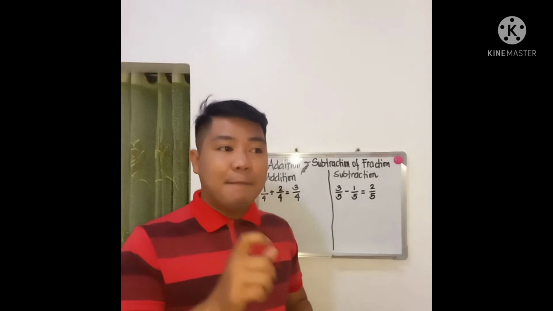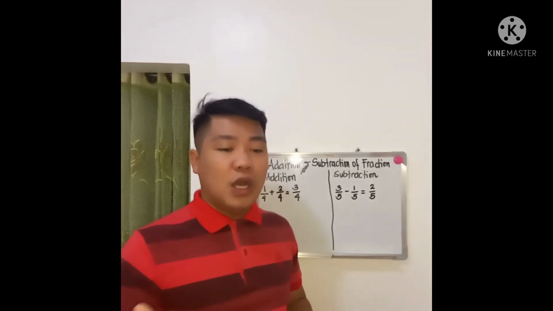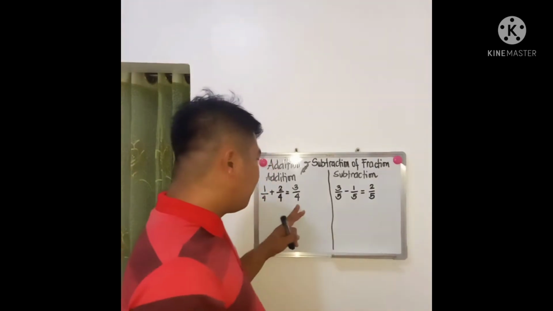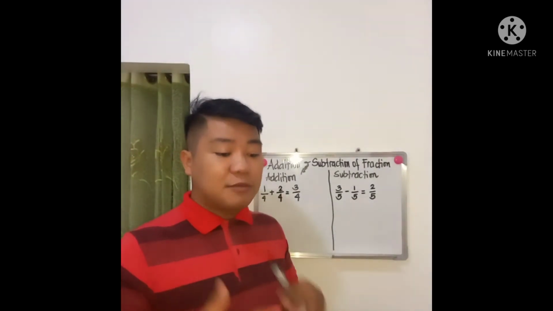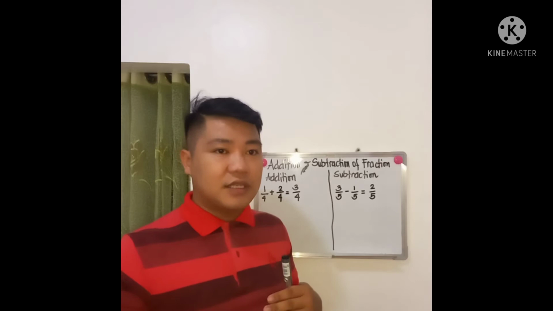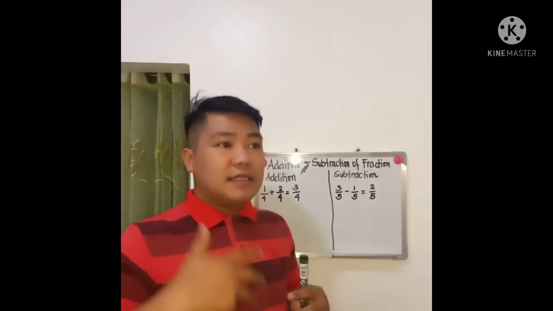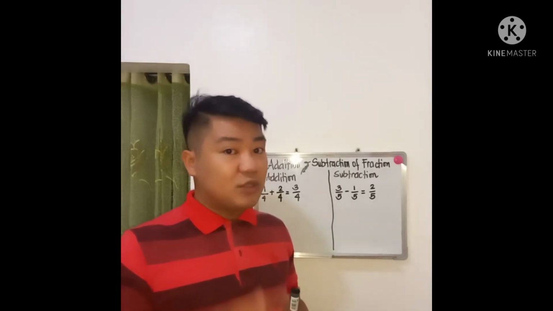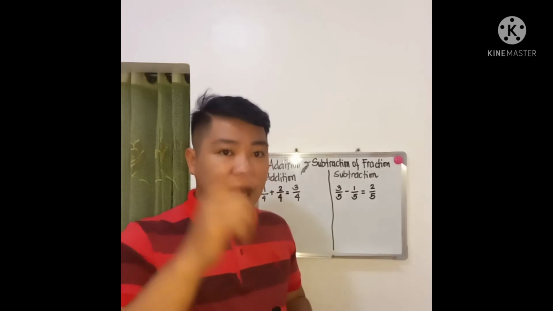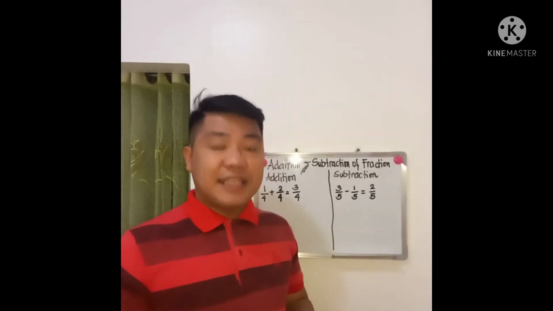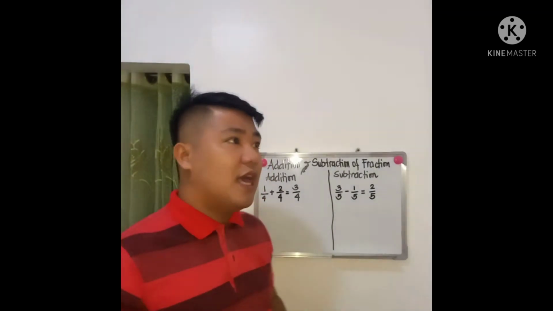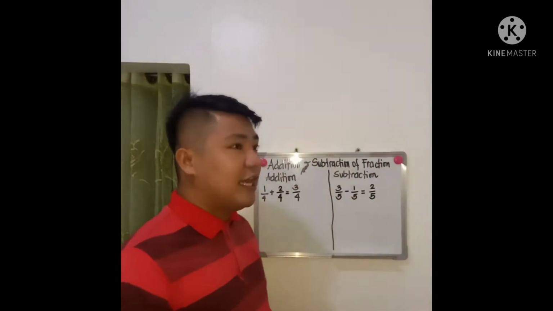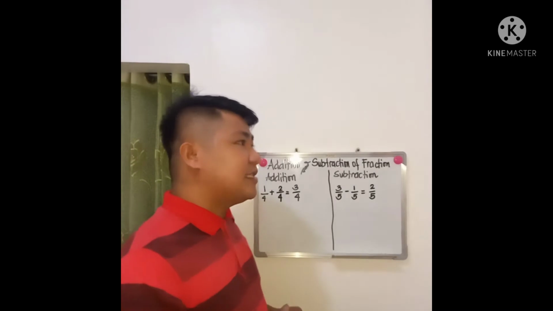Sila yung may mga parehong denominator or yung number sa ibaba. Then for those set of fractions na hindi same yung kanilang denominator is what we call dissimilar fractions.